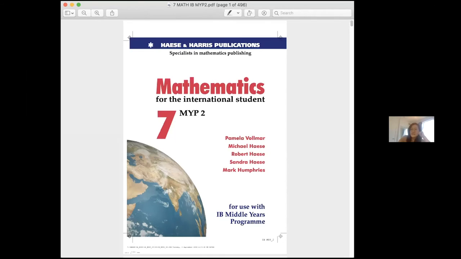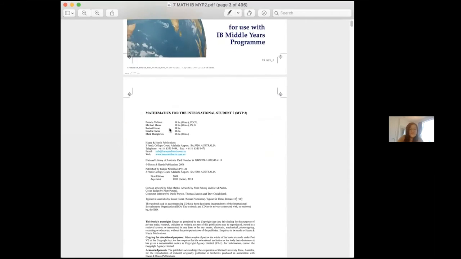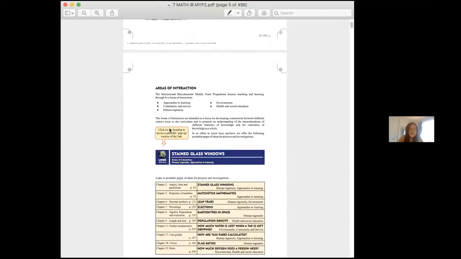Now let's talk about this course. This is the official textbook that we are going to use, IB grade 7. We're going to go through this book in the course. Let me quickly show you the contents.